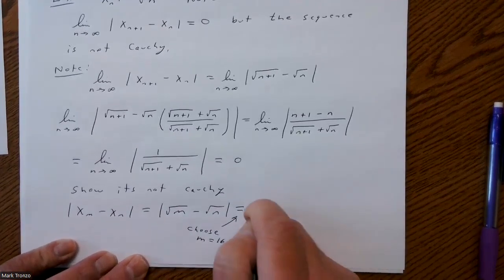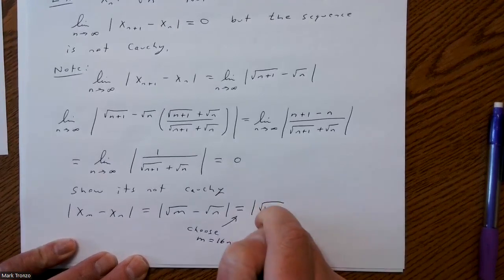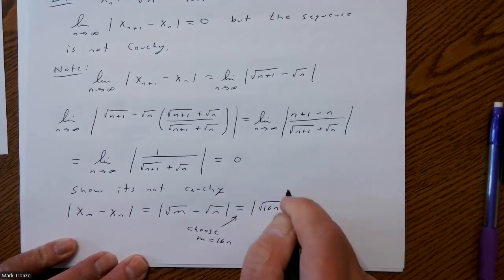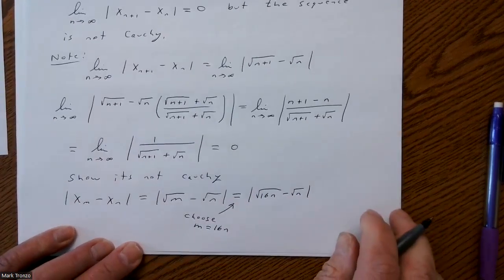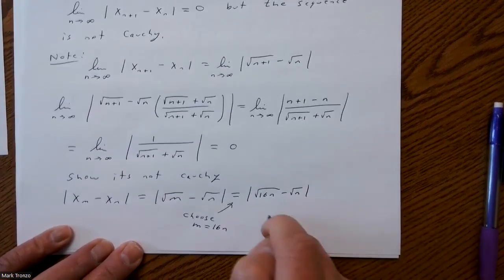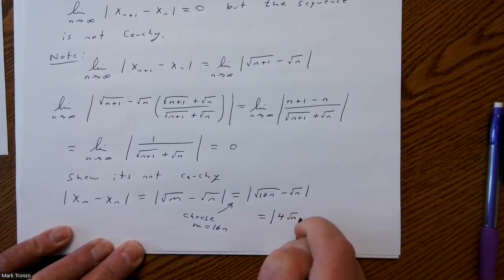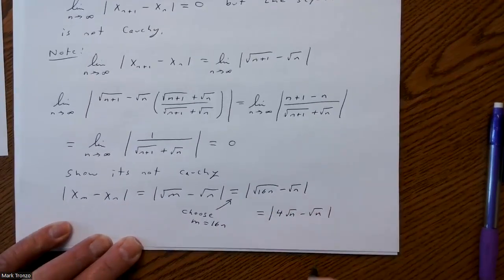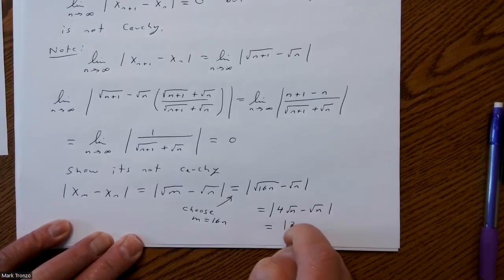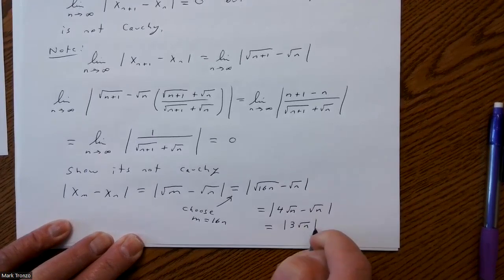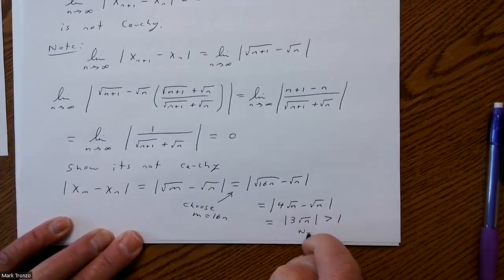No matter what n is, you'll just take your m to be 16n, and this is going to be 4 square root of n minus square root of n, equal to 3 square root of n. And obviously that's going to be greater than 1 always. So it's not Cauchy.